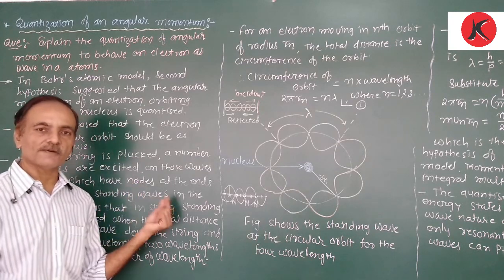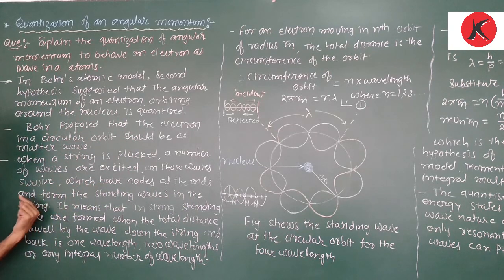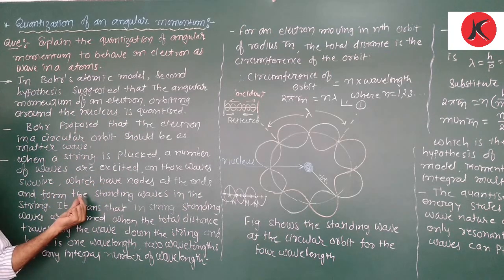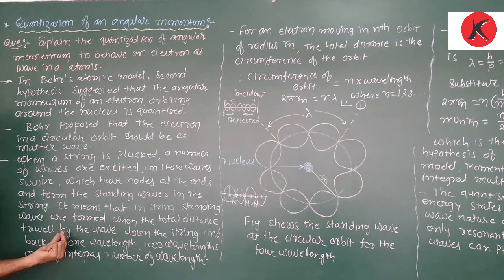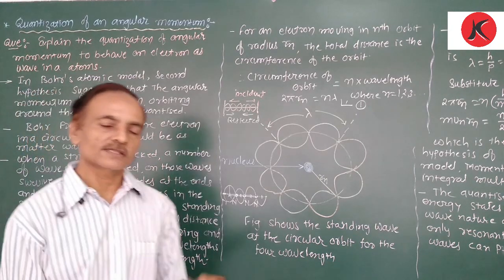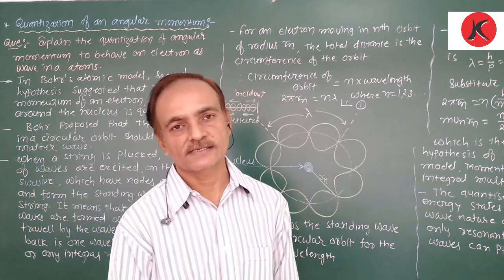Only when the nodes of a wave coincide with the ends of a string is a standing or stationary wave produced.